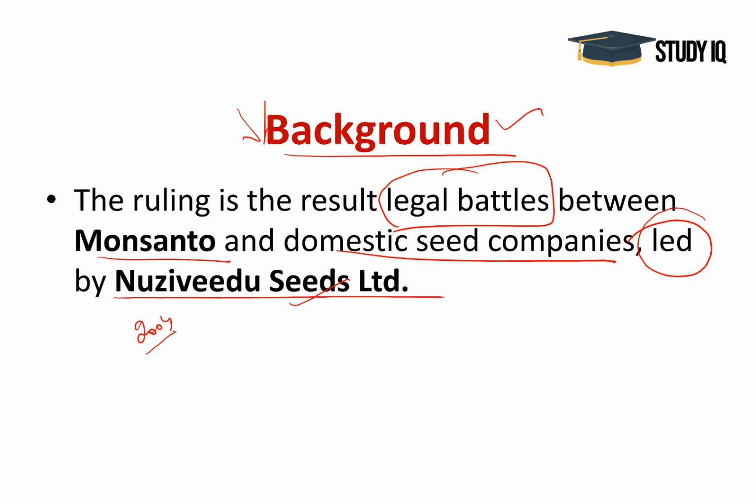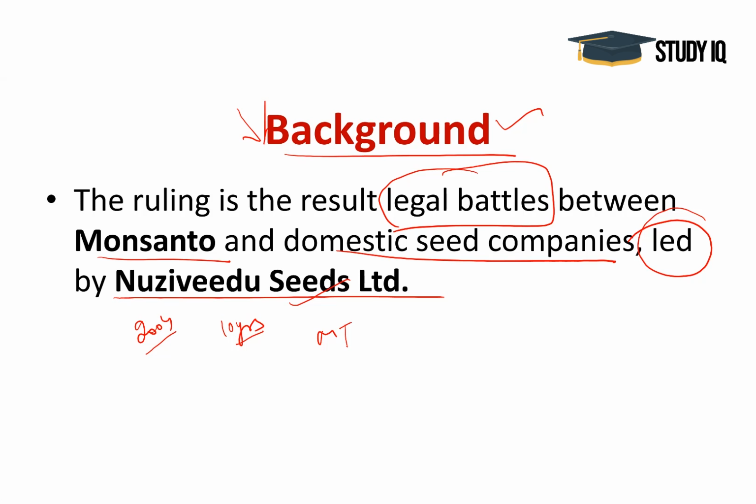Monsanto entered into a sub-license agreement with our domestic companies, like Nuzividu, which is one of them, and there were more companies also, for an initial period of 10 years. Now the agreement had entitled the Indian firms to commercially exploit genetically modified hybrid cotton planting seeds with the help of Monsanto's technology within the limits of the agreement, and these Indian companies had to pay them a license fee.